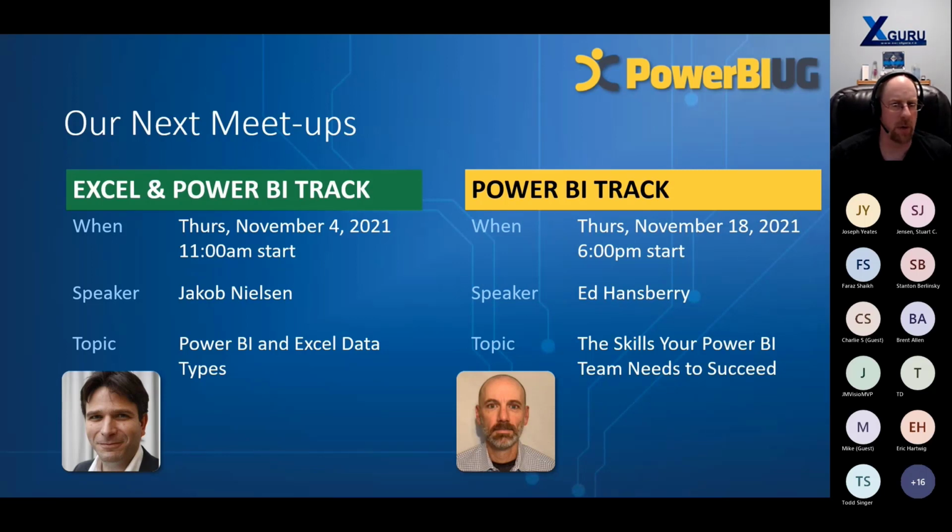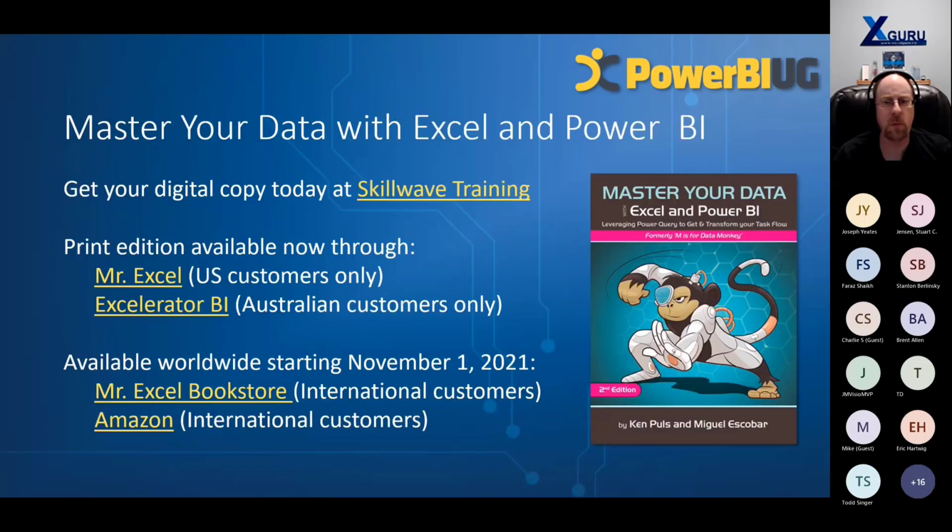So that's why we're going to be starting that one a lot earlier. Of course, it will be recorded, but if you can make it, Jakob would love to have you here for that. It'll be great. And then our next Power BI track, I'm super excited to be welcoming Ed Hansberry. Ed's a recently minted MVP, does a ton of stuff with Power BI, and he's going to be talking about the skills your Power BI team needs to succeed. So this is going to be an interesting session as well. I can't wait to see that one as well.